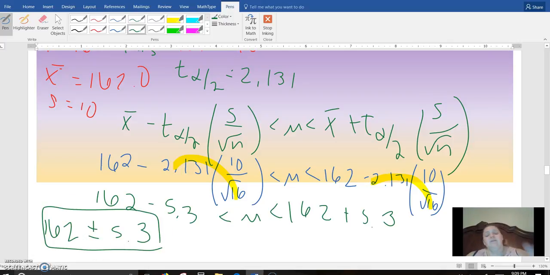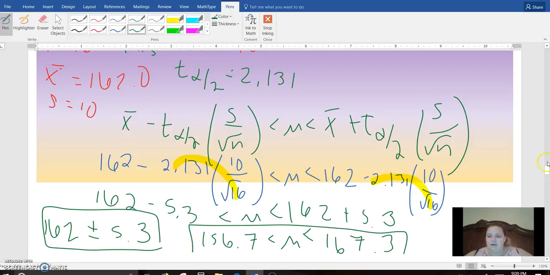or we could write it as an interval. So then it would be 156.7 to 167.3. And that's the answer as an interval.